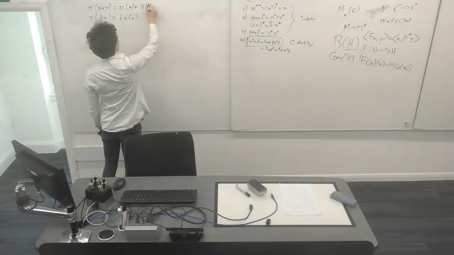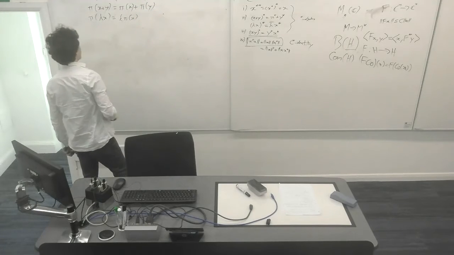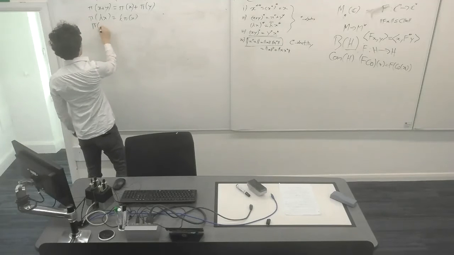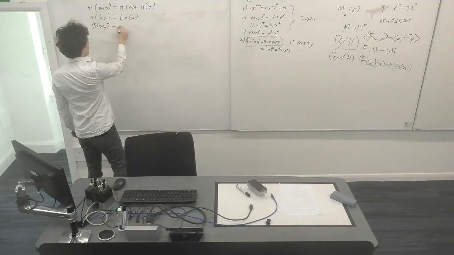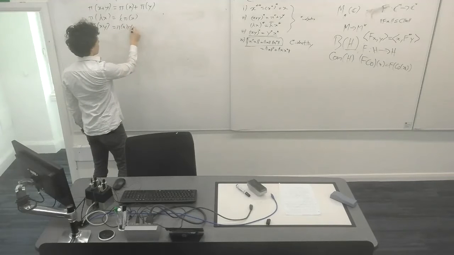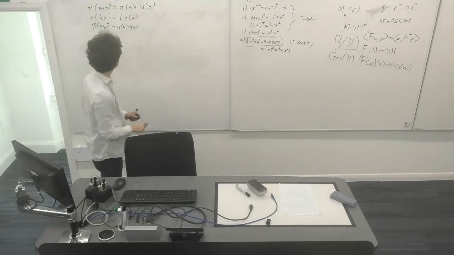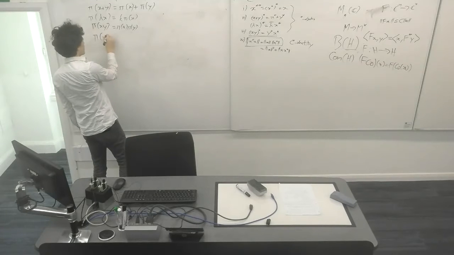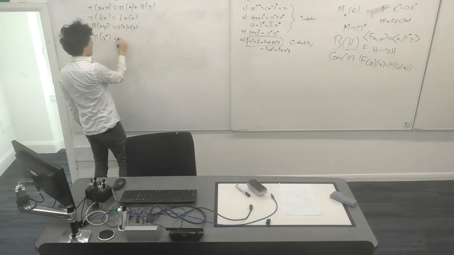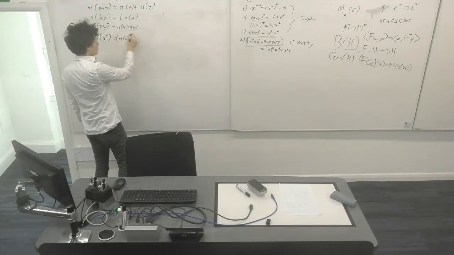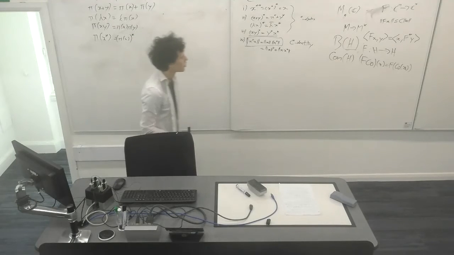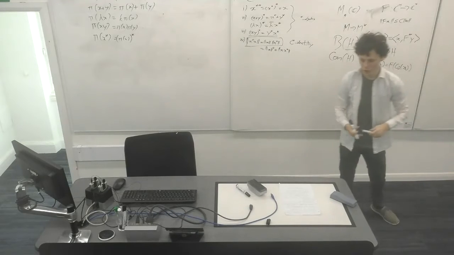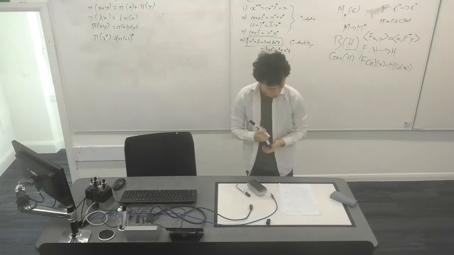Pi of xy, there we go. And pi of x times y equals pi of x times pi of y, because of the ring structure. And additionally, the reason it's a star homomorphism is the property pi of x star equals pi of x star. So the adjoint property is preserved under a star homomorphism.